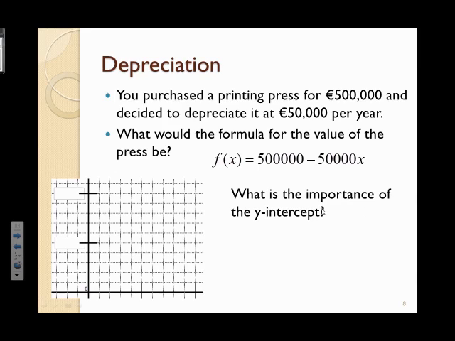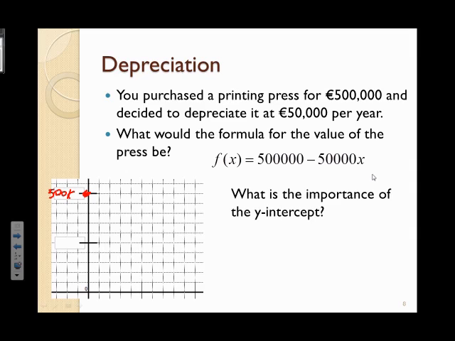Now, in this case, it's a little bit backwards. The slope, m, is going to be minus 50,000, so it's minus 50,000 x plus 500,000. So the y-intercept, we know that's going to be out here at 500,000. And now the slope is minus 50,000.